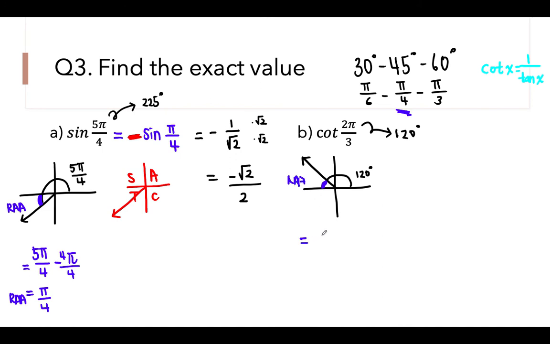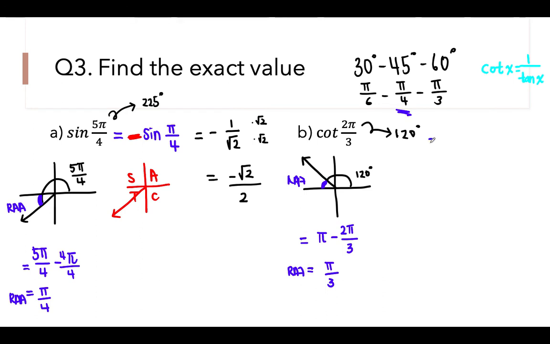So in this case, to find this angle, all you need to do is 180 minus 120. So 180 is pi minus 2 pi over 3. When you subtract that, it's going to give you pi over 3. And that is my related acute angle.